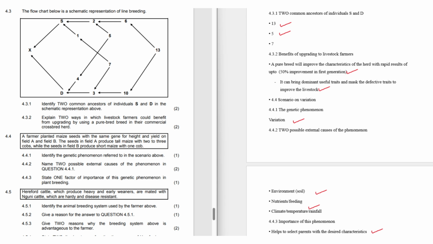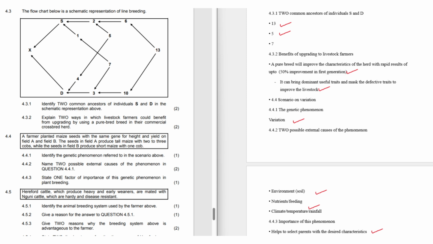4.3.2 explain 2 ways in which livestock farmers could benefit from upgrading by using a pure breed in their commercial crossbreed herd. Okay.